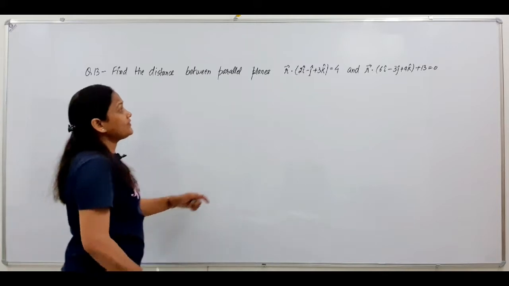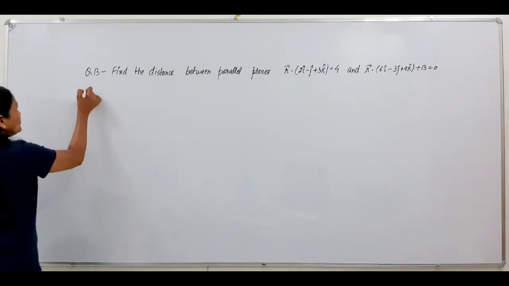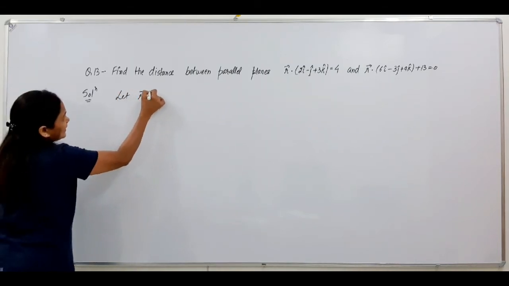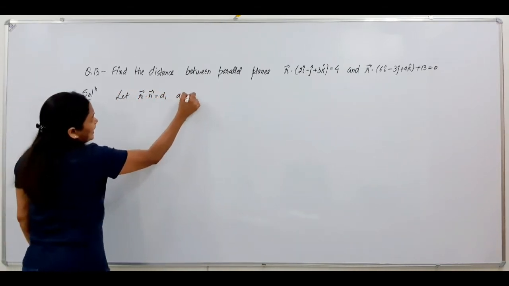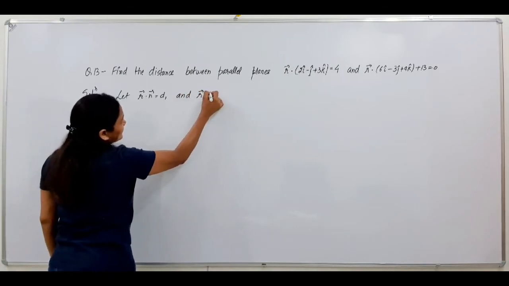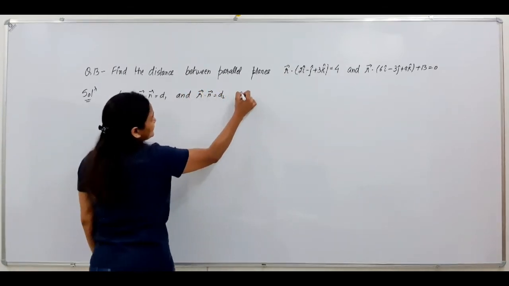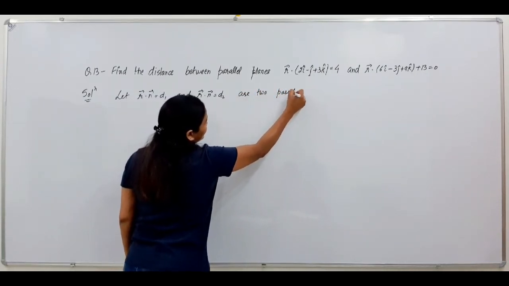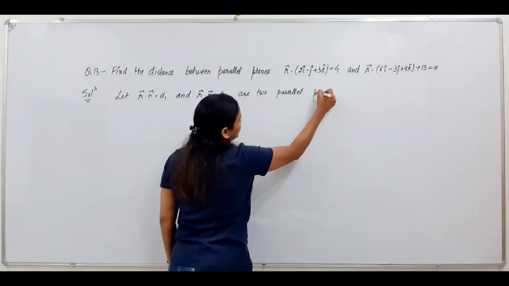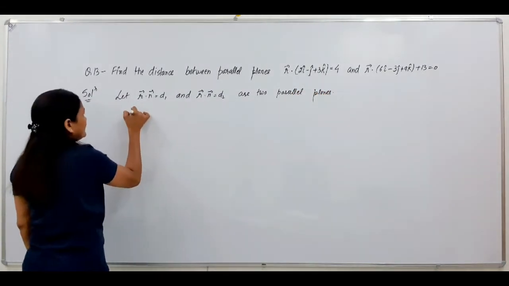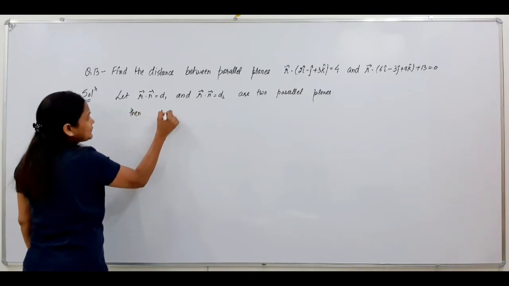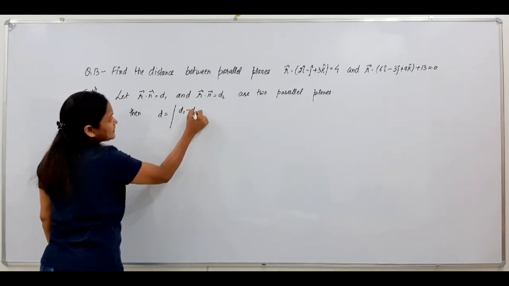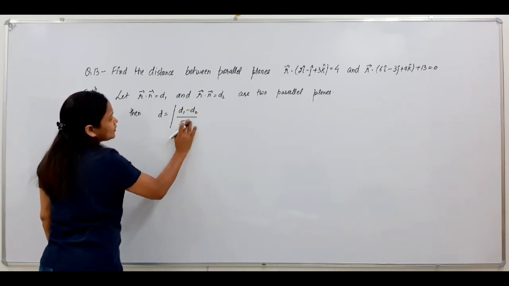So you are given that the two planes are parallel, and the formula is: let r dot n is equal to d1 and r dot n is equal to d2 be two parallel planes, then the distance between them is modulus of d1 minus d2 upon magnitude of n.